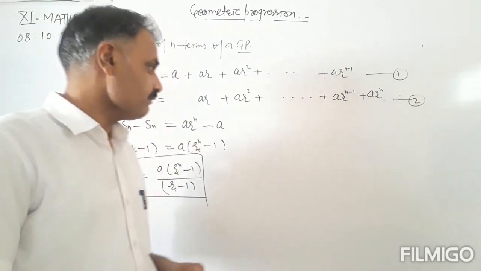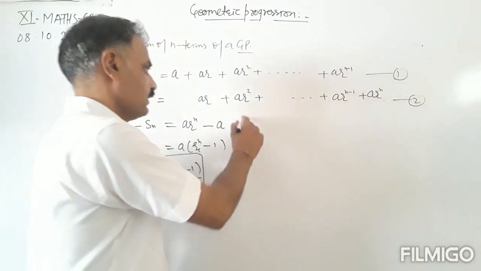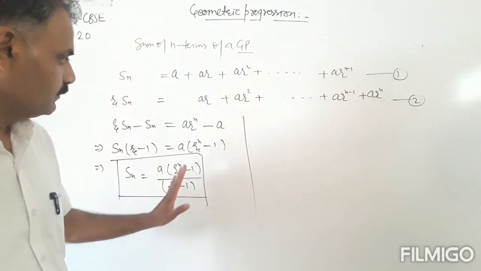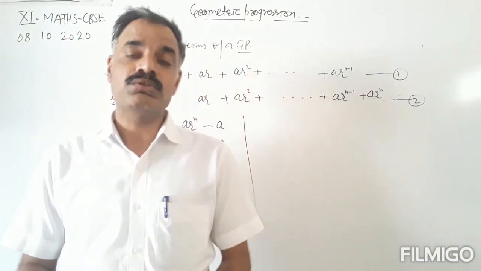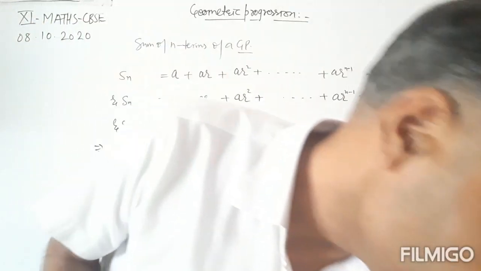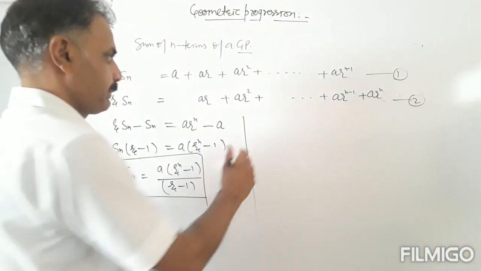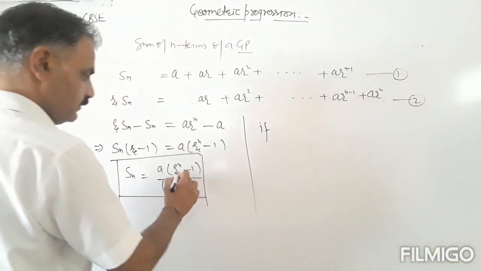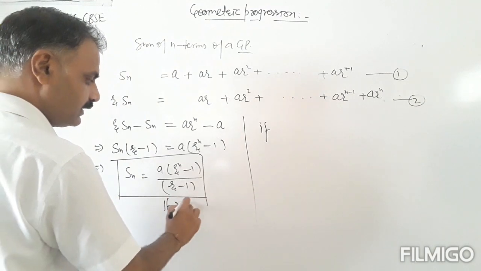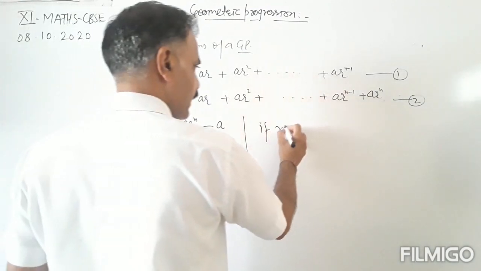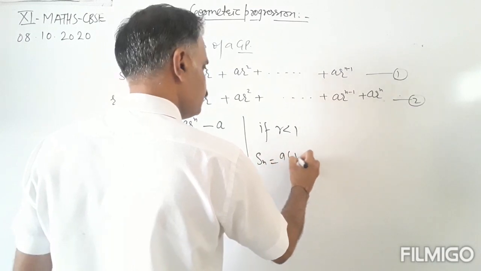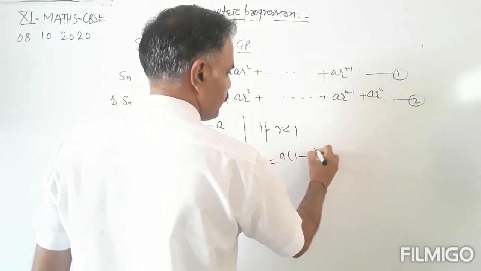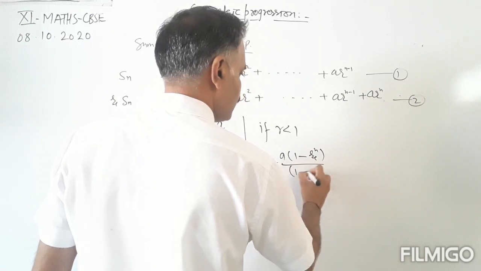Now, we have some particular cases, or some results out of this formula. If r is greater than 1 and if r is less than 1, then Sn is equal to a into (1 minus r to the power n) upon (1 minus r).